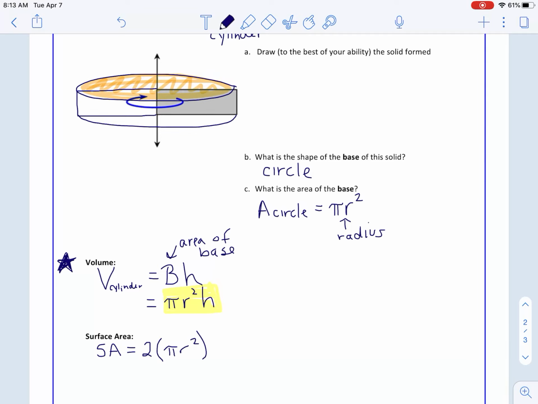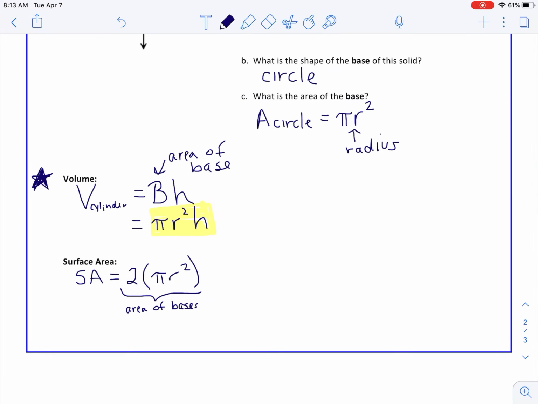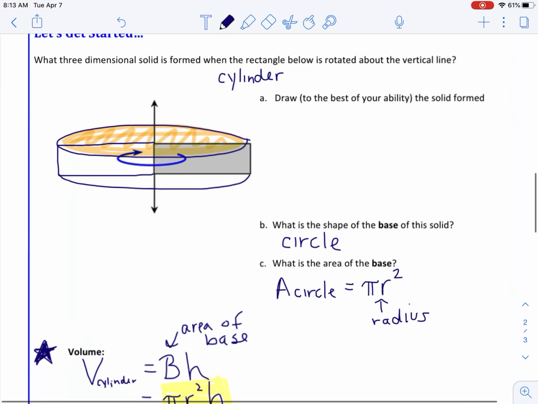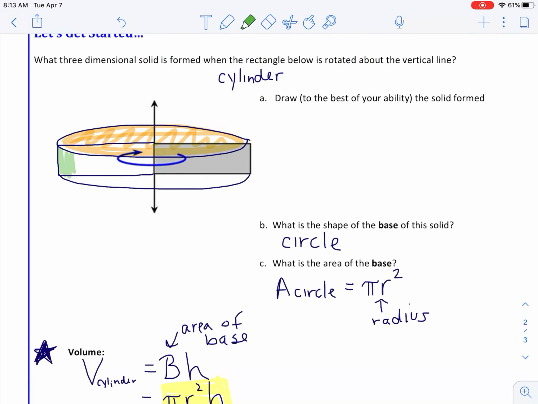It's 2 times pi r squared, plus, now I need the lateral surface area. The lateral surface area is this, like I said before, rectangle wrapping all around.